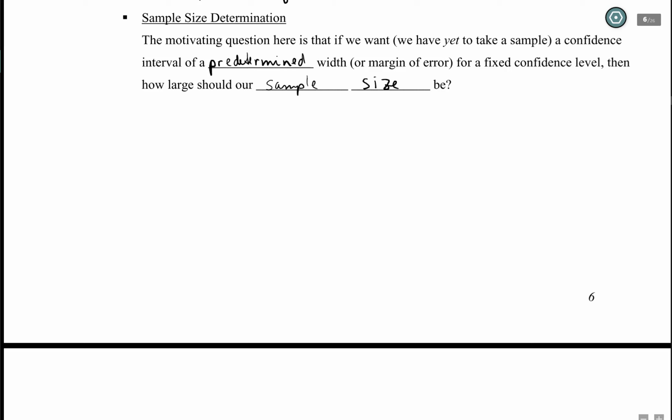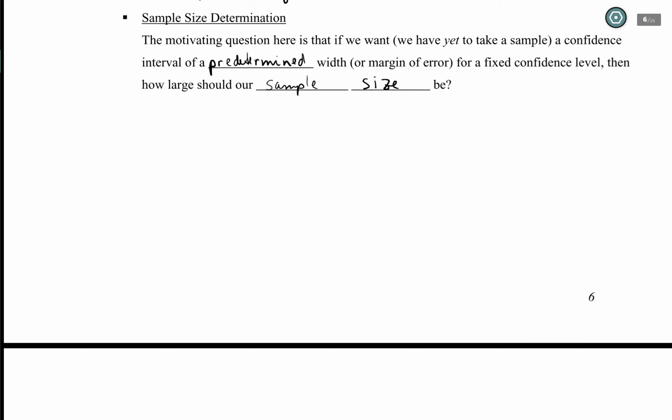An example of this might be in the previous confidence interval problem, where we were interested in estimating the average age of a civilian worker. Suppose we wanted our interval to have a width of 2 years.